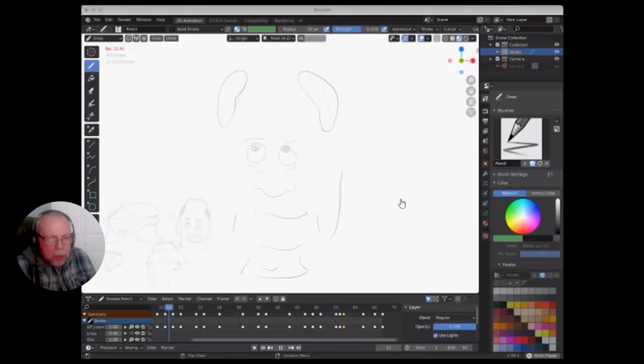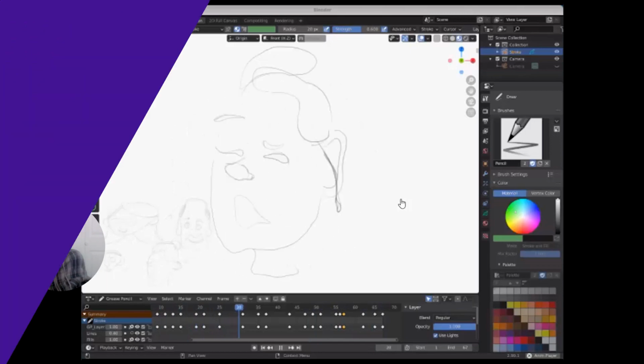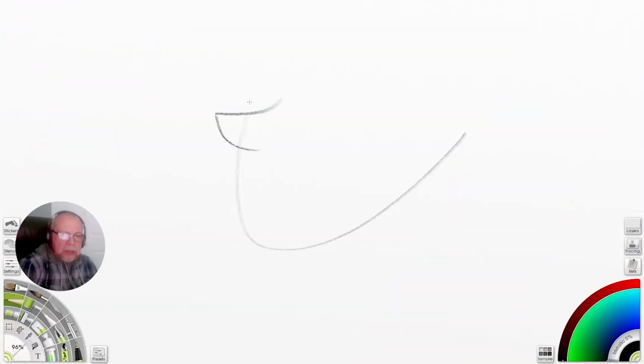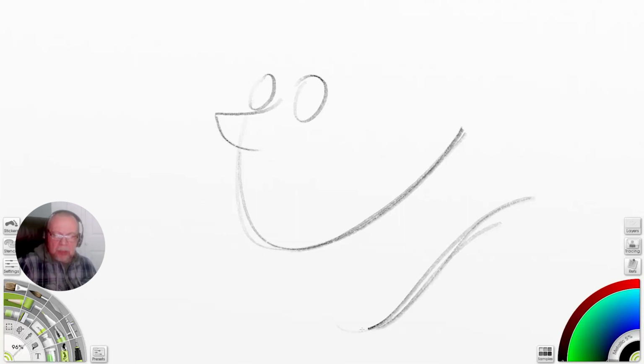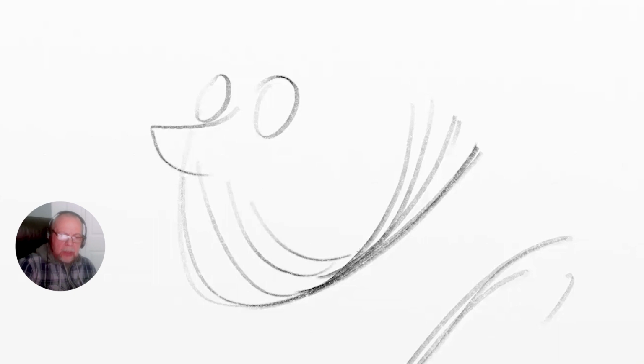Nice. Okay, and I also recommend to make more precise in-betweens. What it means, I'll show you. Like this woman, right? In her jaw, sometimes it changes like this, it changes like this. No, you have to be very precise in a shape.